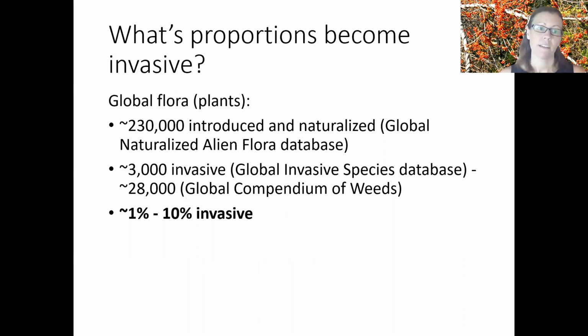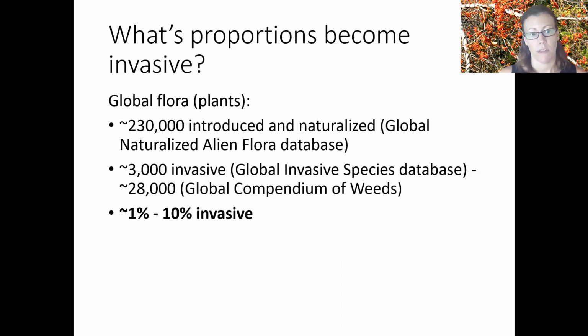If you look at plants, there is a database that has looked up all of the different plant species in the world that they could find that have been introduced and naturalized someplace else in the world. And they found 230,000 plant species that have been introduced by humans someplace else and have successfully naturalized.